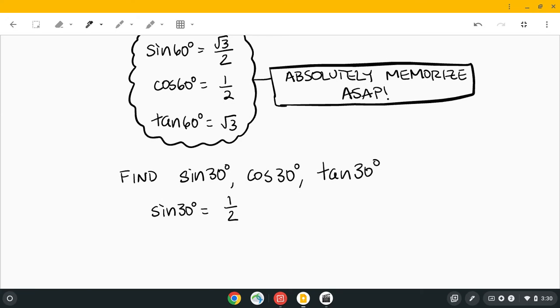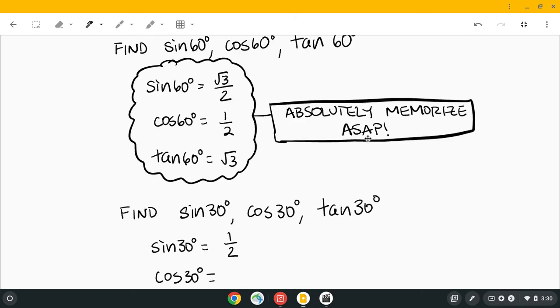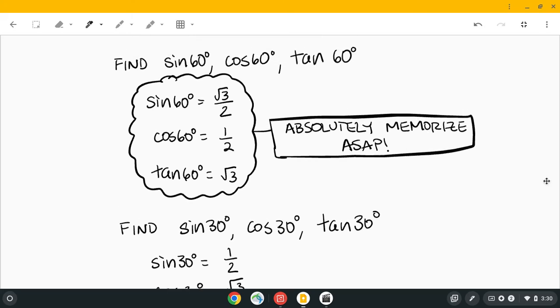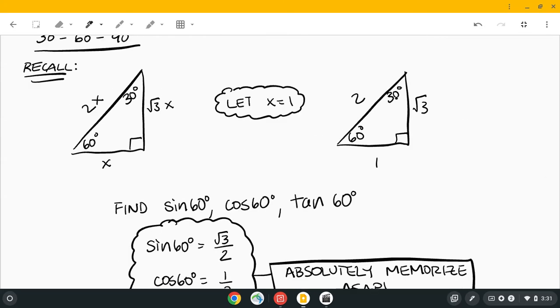All right, let's do cosine 30. Based on that, we don't even have to look at the triangle. Cosine is the cofunction of sine, and these are complements, 60 and 30. So cosine 30 should be square root 3 over 2. Let's check on the triangle. Cosine is adjacent over hypotenuse. Here's 30.